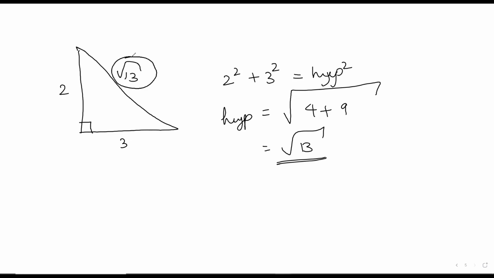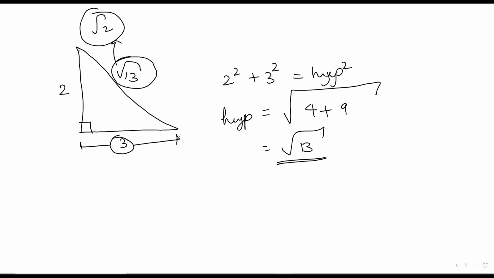So this is root 13. Is it possible for us to have, instead of root 13, root 2? So that we will be able to figure out what exactly root 2 means. How much does root 2 measure? Because this is a concrete number that we have here.